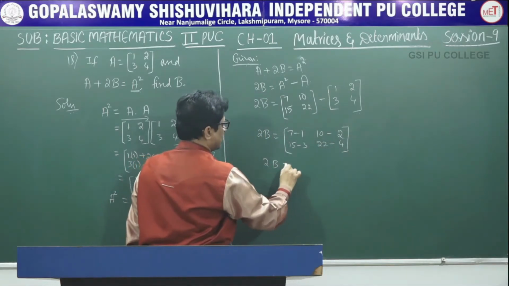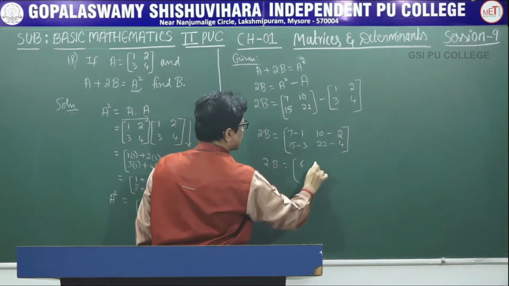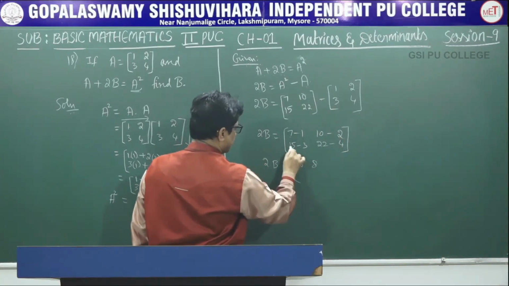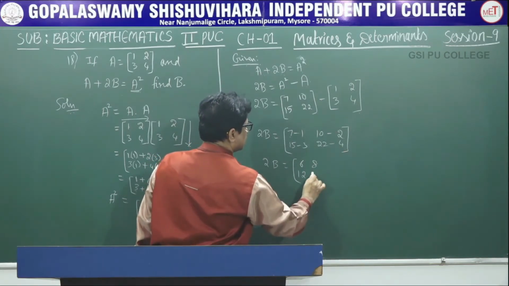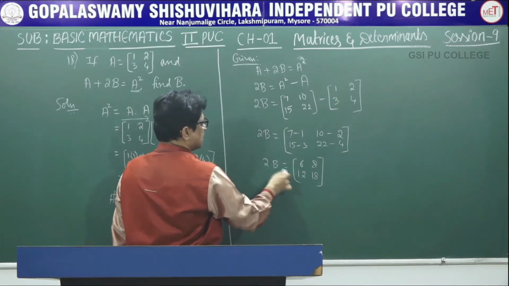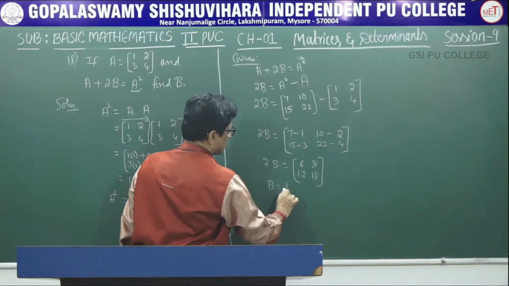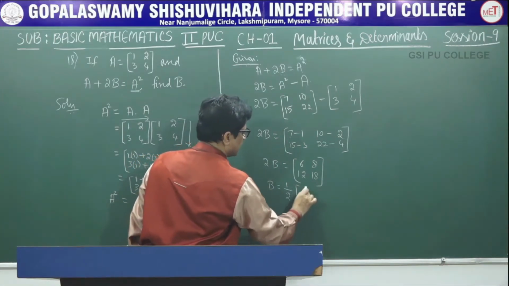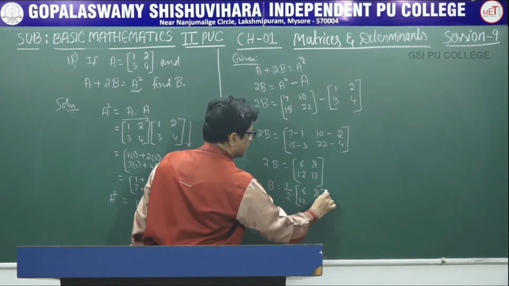So, 2B will be equal to 7 minus 1, 6, 10 minus 2, 8, 15 minus 3, 12, 22 minus 4, 18. So, this is 2B. We want B. B equals half into 6, 8, 12, 18.